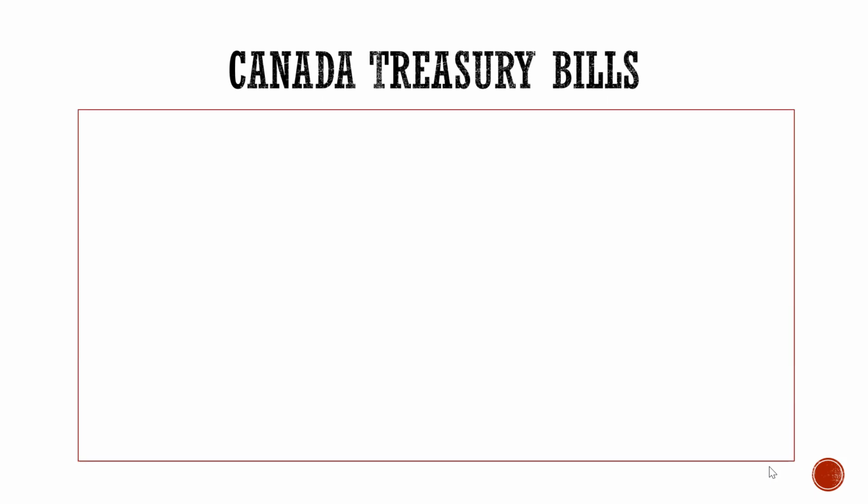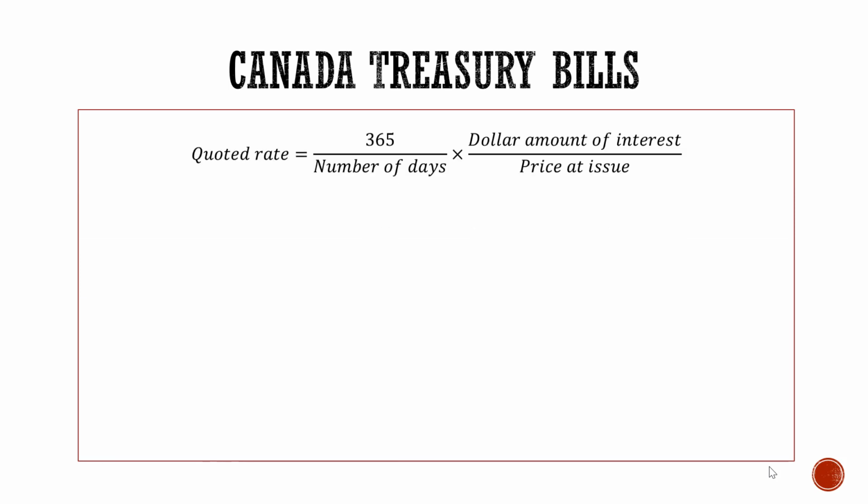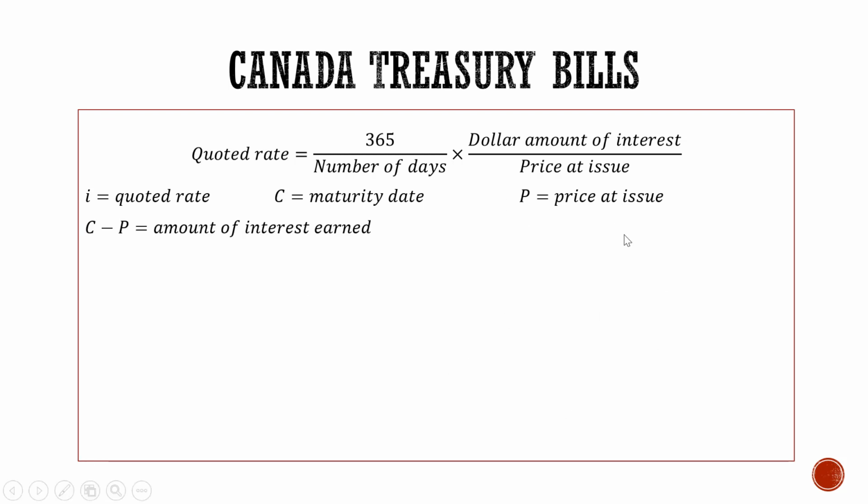For Canada Treasury bills, there's a little bit of difference. We are going to use 365 instead of 360, and the amount of interest will be divided by the price at issue instead of the maturity value of the Treasury bill. We use almost the same notation, only the quoted rate in Canada Treasury bills is notated as i.